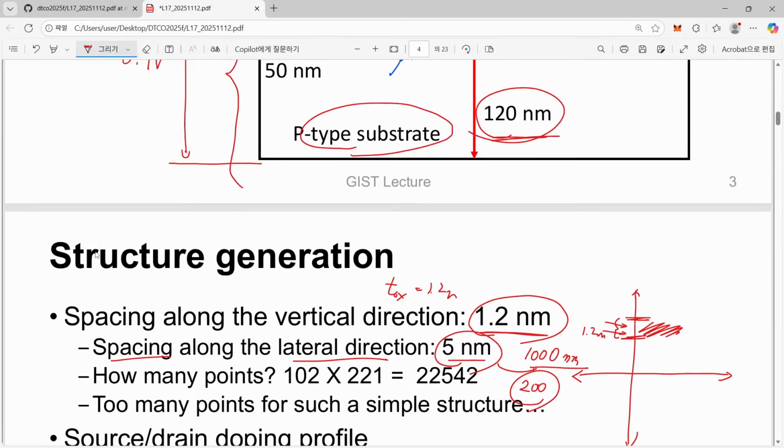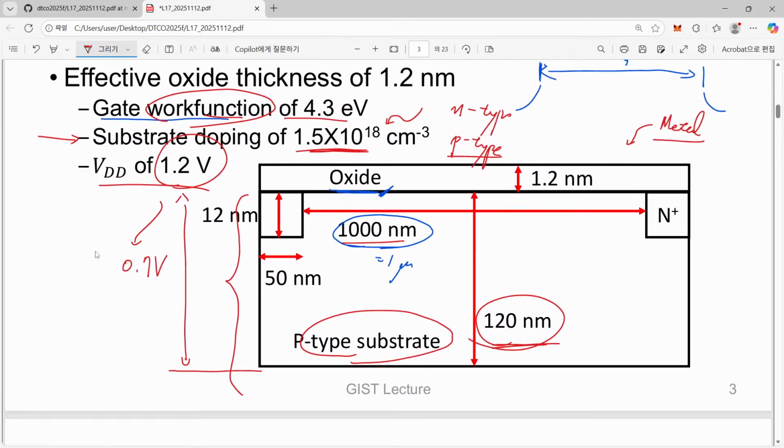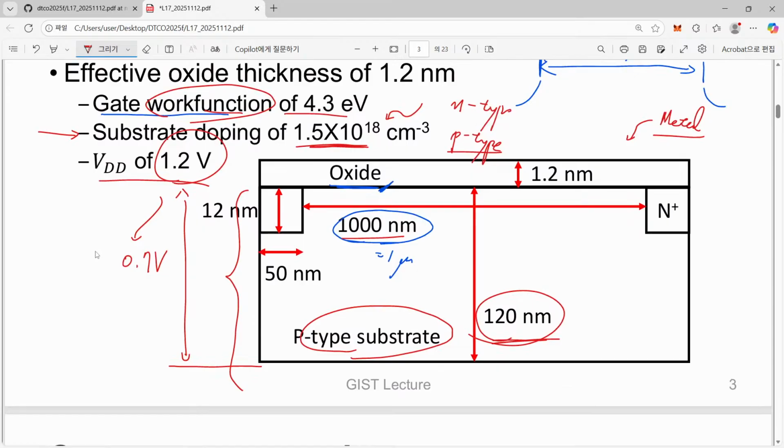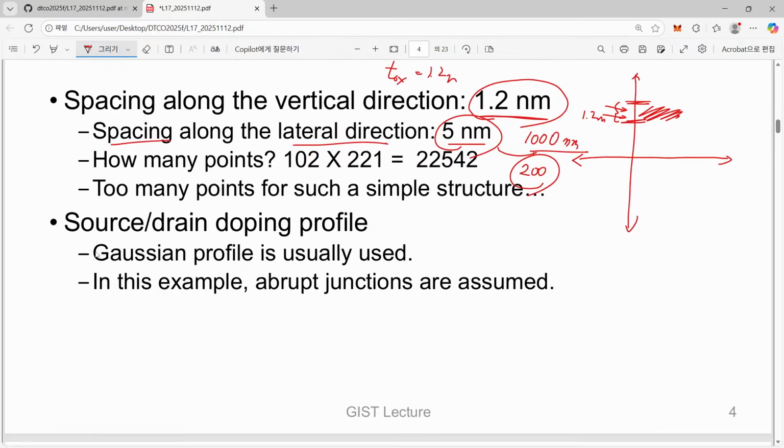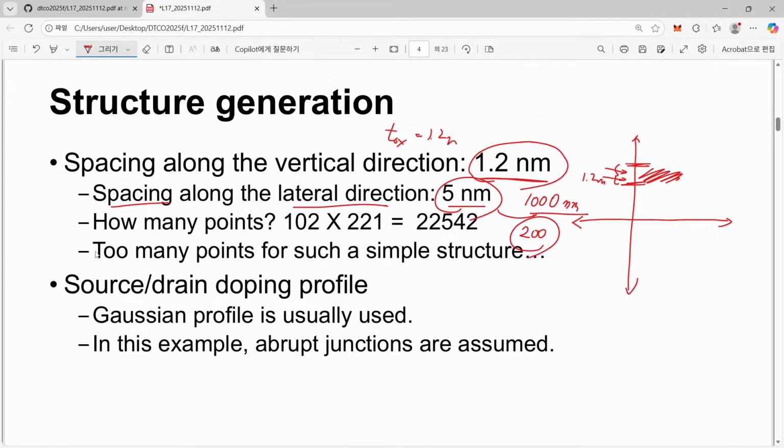Of course, please note that our entire system does not contain only this intrinsic channel region. Also, we have to consider this source and of course drain, so we have to have a certain margin. So our lateral points are about 221.